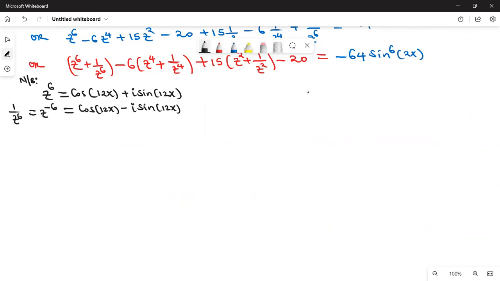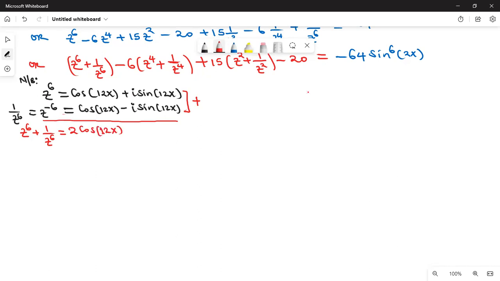So we are adding. If I add the 2, I'm going to get z raised to 6 plus 1 over z raised to 6 to be equal to twice cosine of 12x.